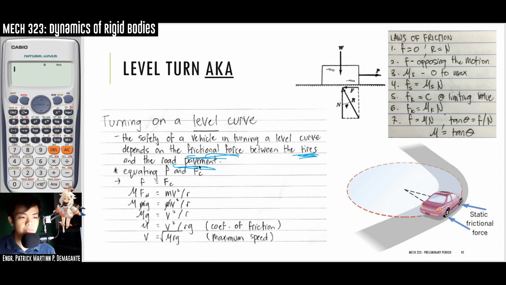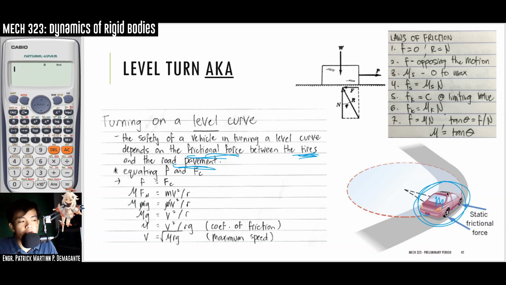So, we'll just equate frictional force and FC. Yung FC natin, based sa ating previous module, ay yung ating centripetal force. No? Bakit? Centripetal force tends to go outward. Same lang naman sila ni centripetal and centrifugal, pero si car kasi natin, diba, meron niyang mass.